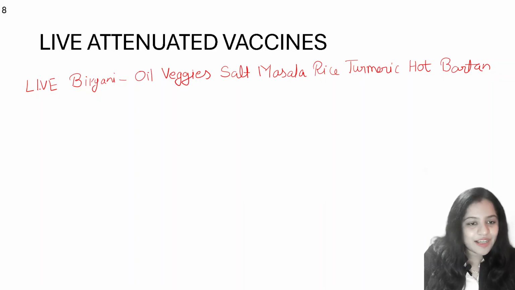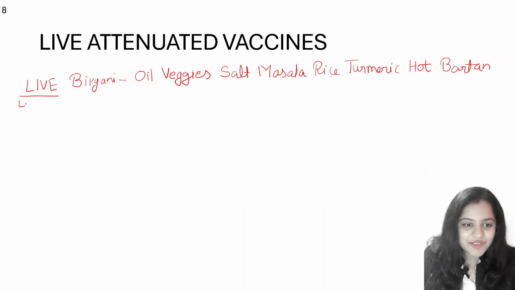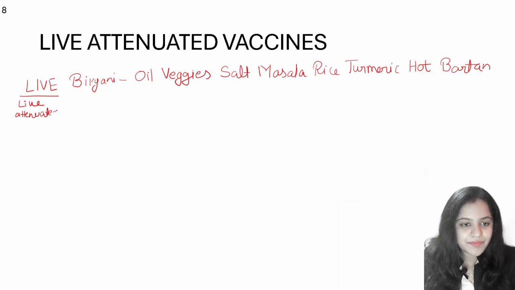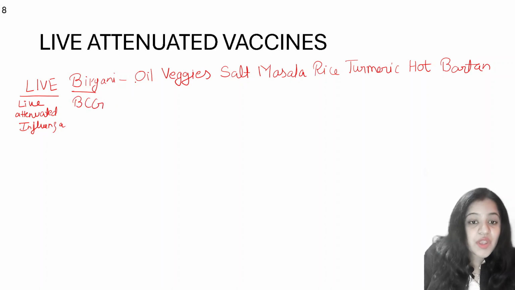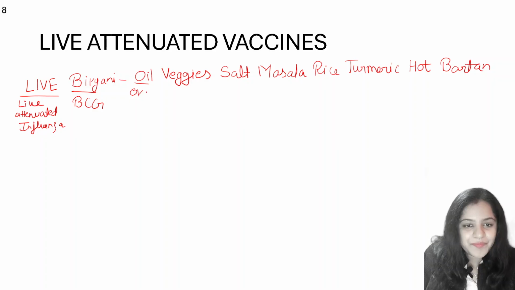So let's see the example. This L here stands for live attenuated influenza vaccine. Clear? This stands for BCG. O stands for oral typhoid vaccine.